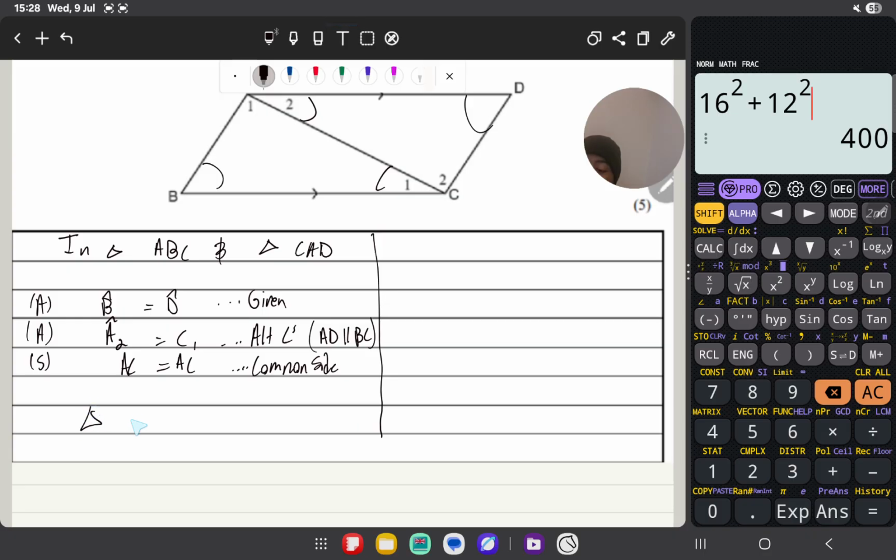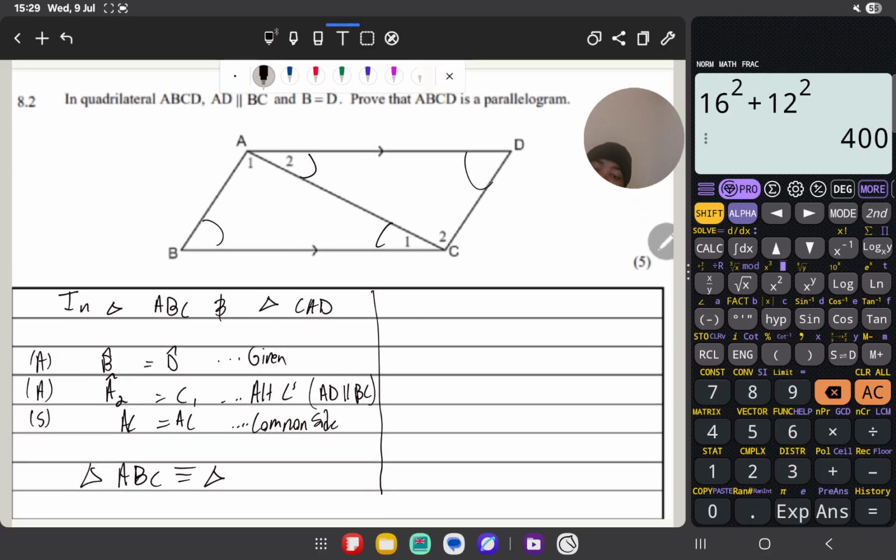So then we'll say triangle ABC is congruent to triangle. Remember, you have to be very careful with how you write this. So you have AB, that means we must have something like CD, right? And then we have AC, right?